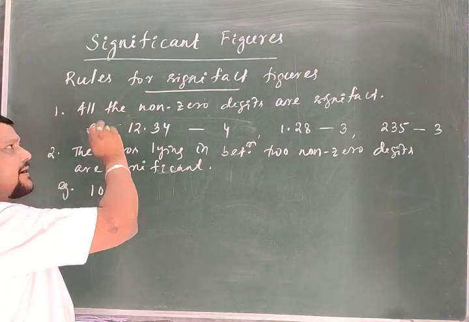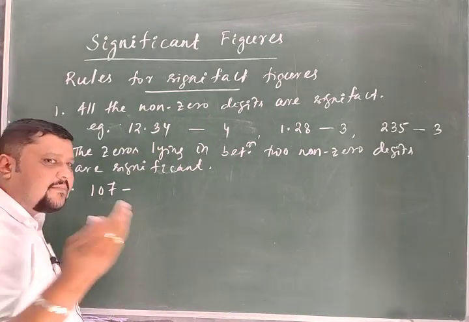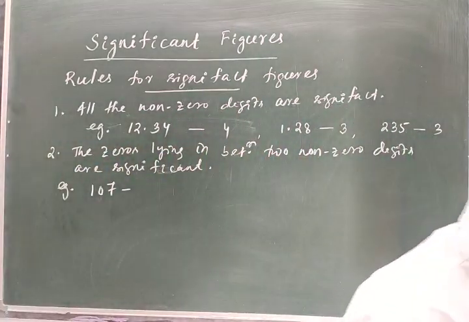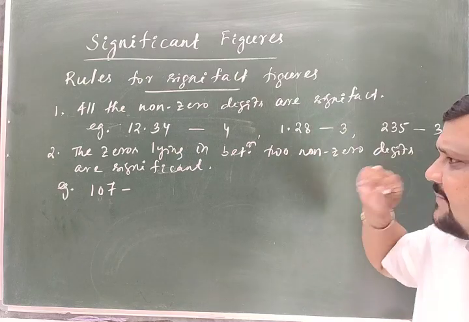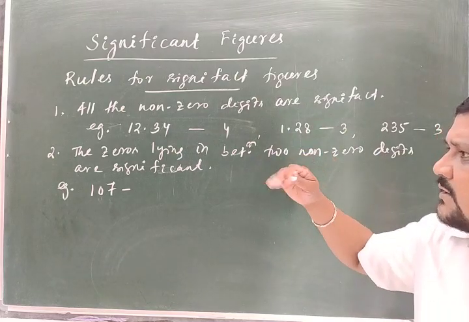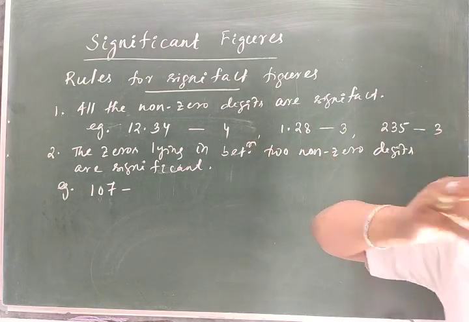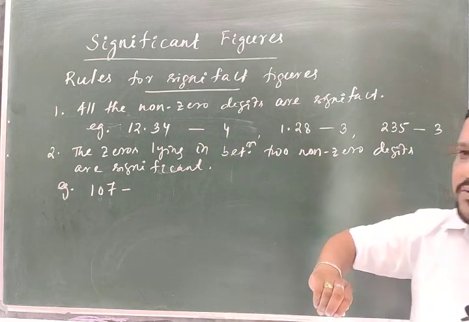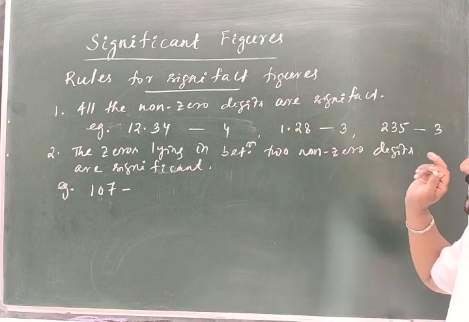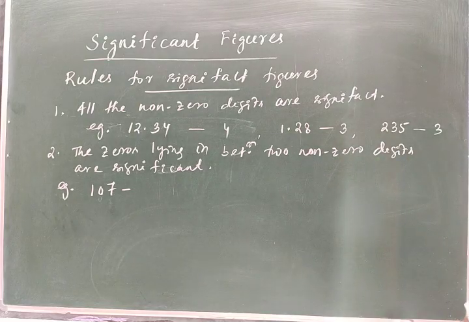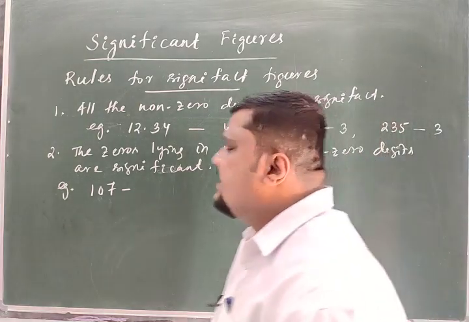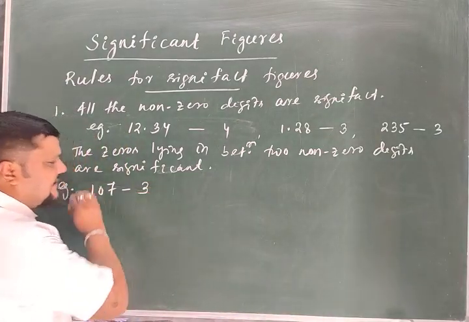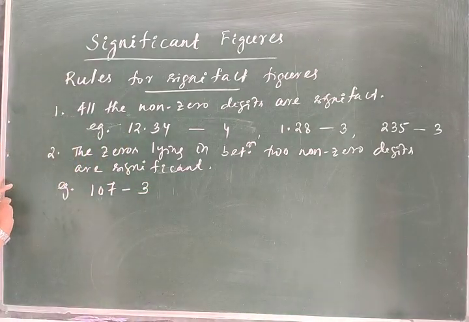But rule number 1 does not tell what about the 0, because it says non-zero digits are significant. What about the 0? That comes in your rule number 2. If a 0 lies between any two non-zero digits, it is significant. So in this measurement, you can say the significant figure is 3.